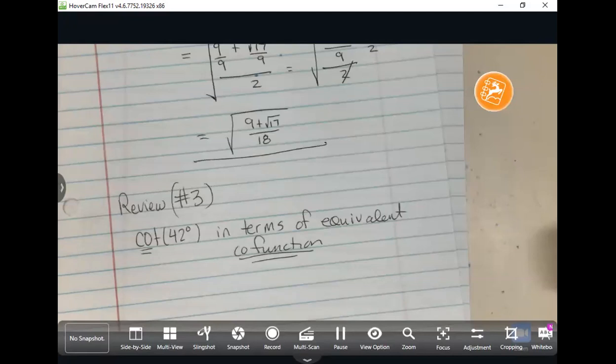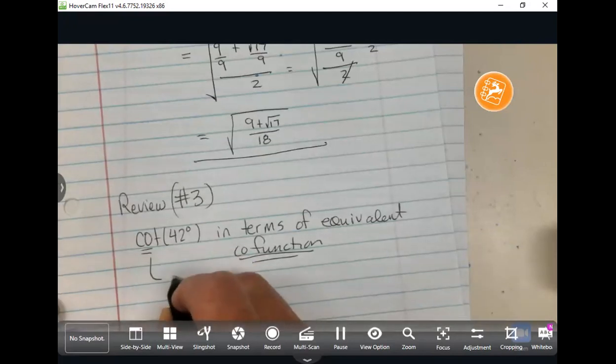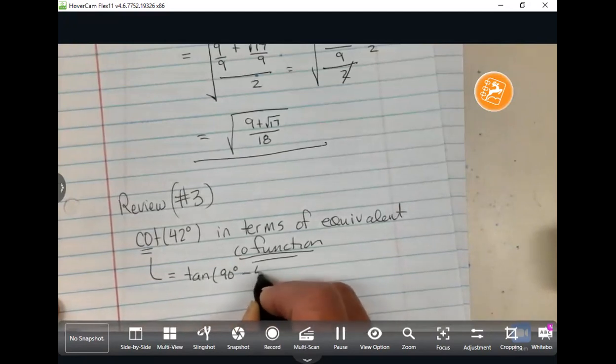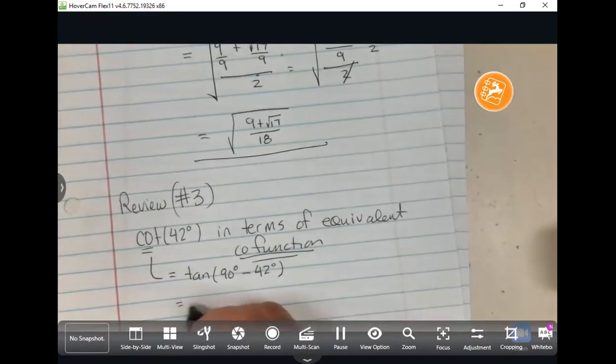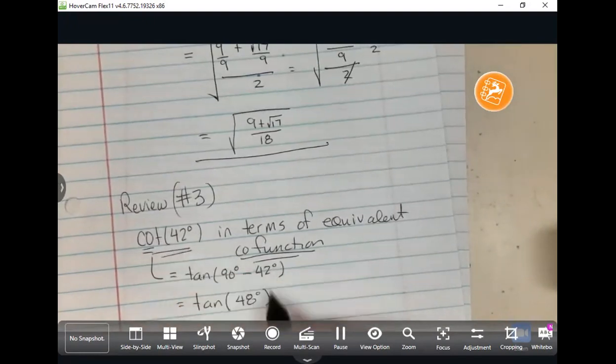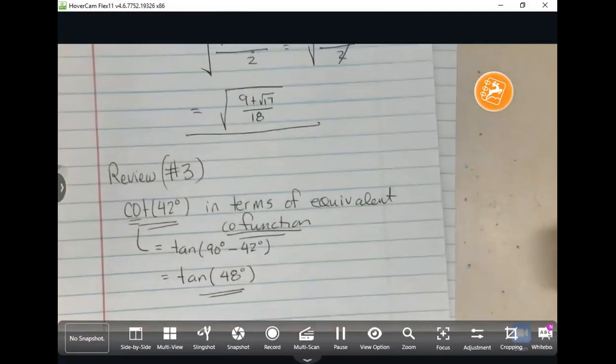So the cotangent of 42 degrees is the same as the tangent of the angle that's 90 degrees away from 42 degrees. 90 minus 42 is what, 48 degrees? Cotangent of 42 is the same as the tangent of 48.